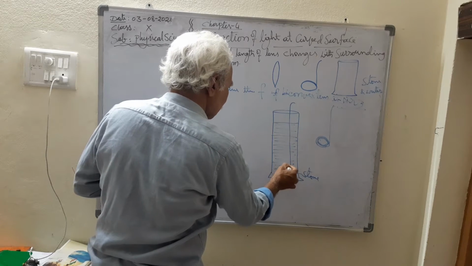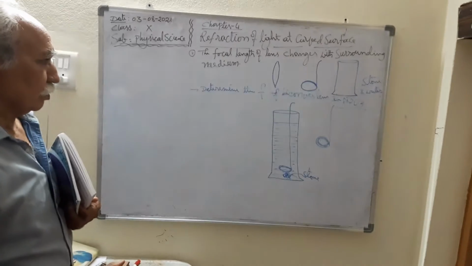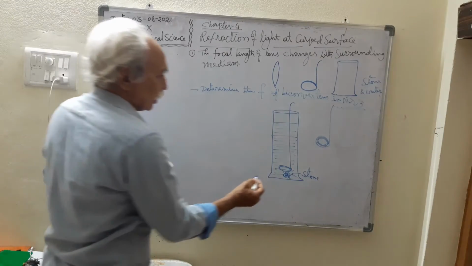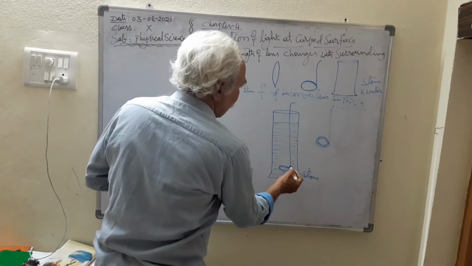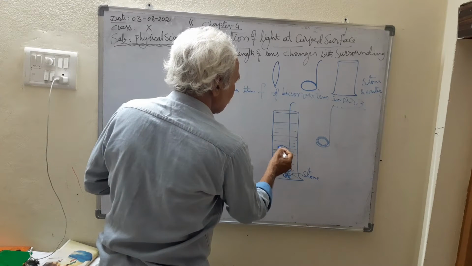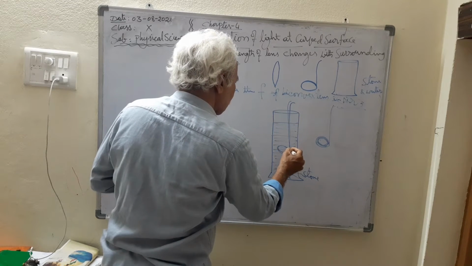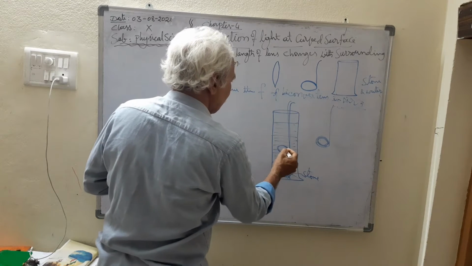The lens is horizontal to the stone. Now slightly move the lens upward. When it moves to a certain height, you can see the image of the stone clearly.